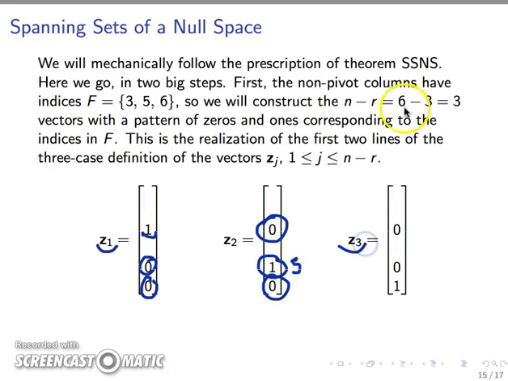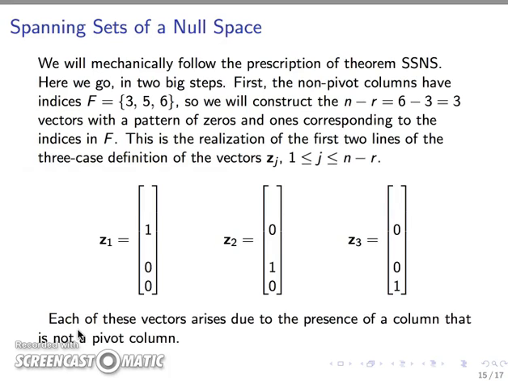And the last vector is going to contain a 1 in position 6 and zeros on the other 2 positions, corresponding to the indices for free variables. So we have then filled in 3 locations of each of these vectors with ones or zeros.